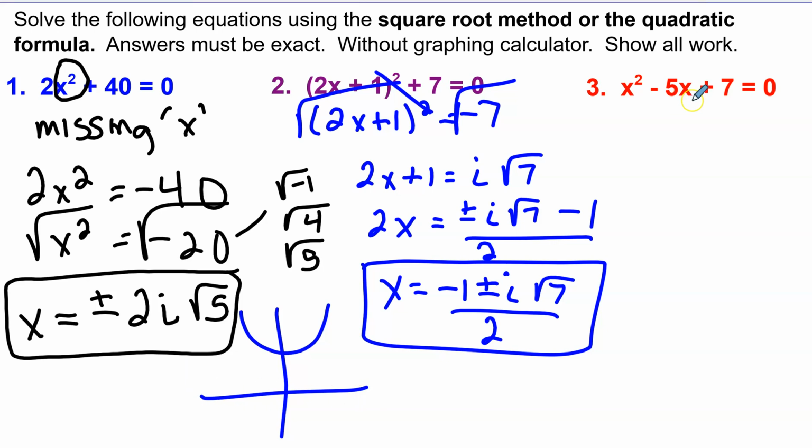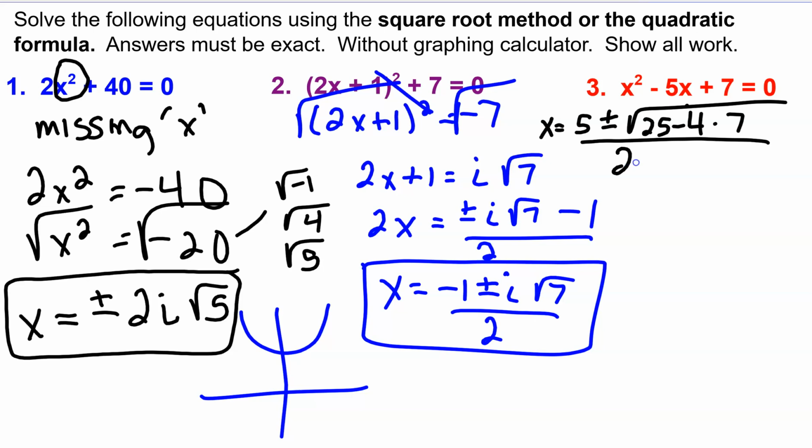The last one, being there's an x term, I'm going to use the quadratic formula. I can't use the square root method. So these two I could, and I will because they're the quickest. But if I can't, then I'm going to have to use the quadratic formula. Negative b, which is 5, plus or minus the square root of b squared, which is 25. It's always positive. Minus 4 times a, which is 1. Don't even need to write that. Times c.